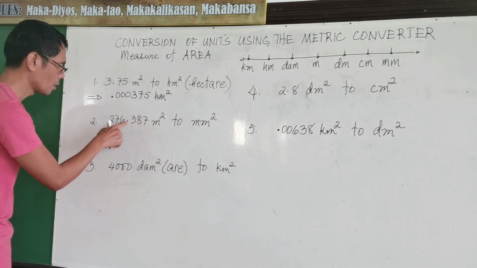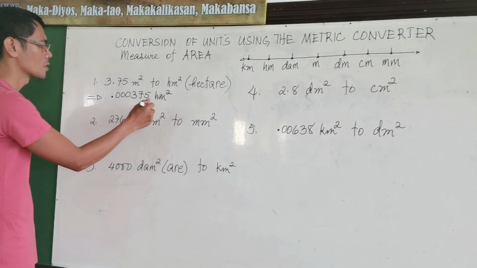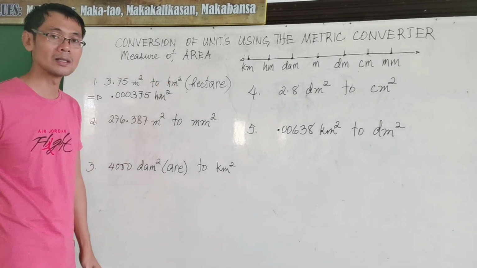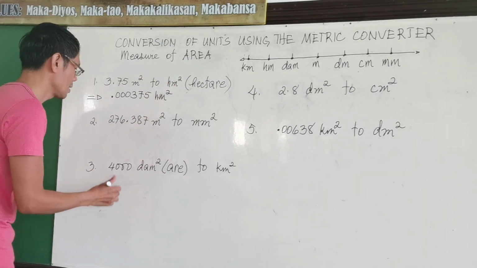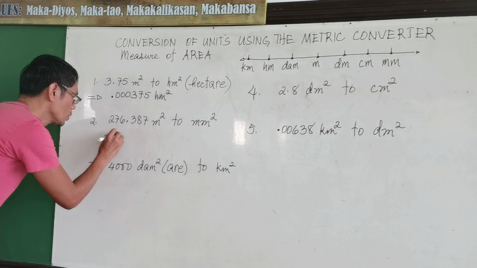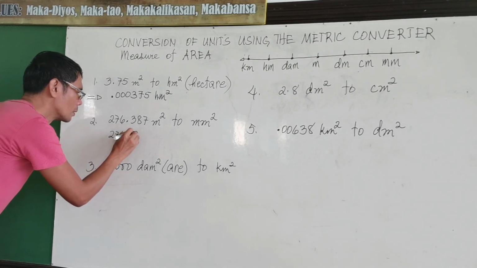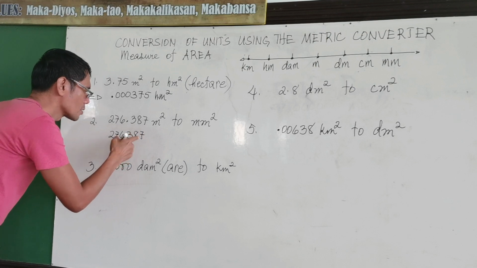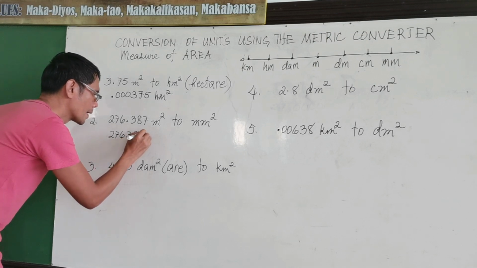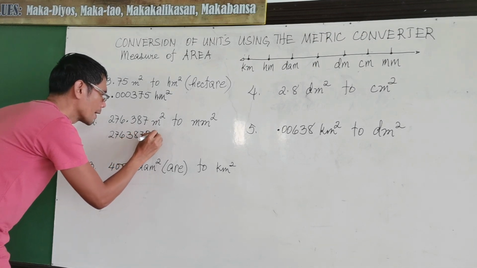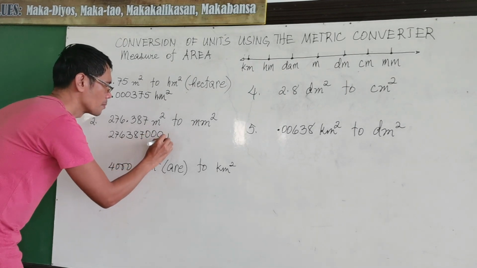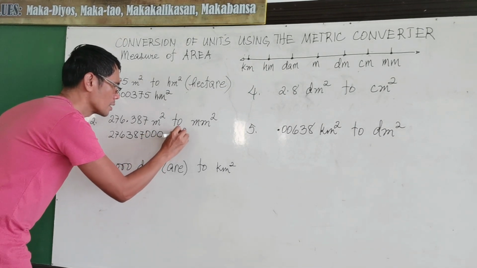So we have three already, 1, 2, 3. So we add three 0s to make it 6. So we have 2, 7, 6, 3, 8, 7. So that's three. Then 4, 5, 6. So millimeter square.